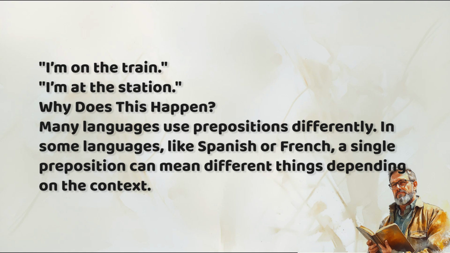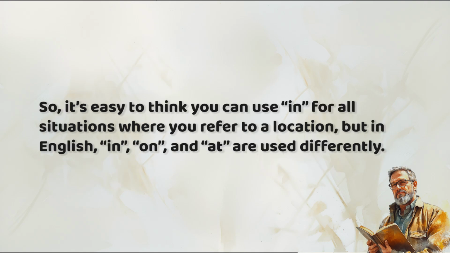Why does this happen? Many languages use prepositions differently. In some languages, like Spanish or French, a single preposition can mean different things depending on the context. So, it's easy to think you can use in for all situations where you refer to a location, but in English, in, on, and at are used differently.